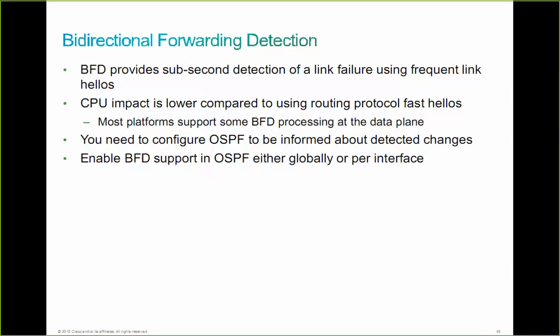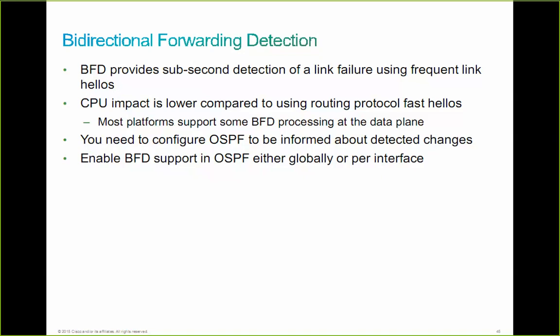Now you might say, that's great, I want to implement BFD, but the problem with implementing BFD is that it's just adding another layer of complexity on top of my configuration. It's adding more CPU cycles, more processing on top of my configuration. That may be somewhat true.